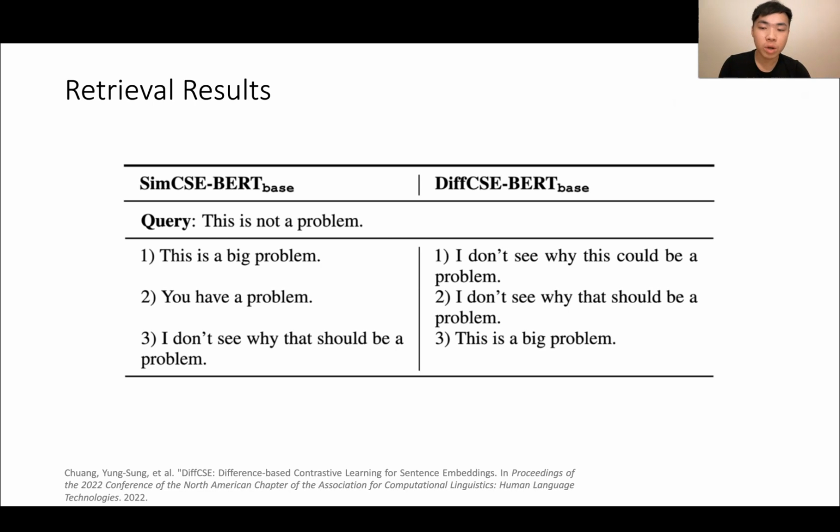So the SimCSE model was misled by the sentence structure. However, for DiffCSE, the top one choice is "I don't see why this could be a problem." This sentence has a similar meaning to the query sentence, but their structure is very different. So this result shows that DiffCSE will not be biased by the sentence structure, while SimCSE is more easily biased by it.